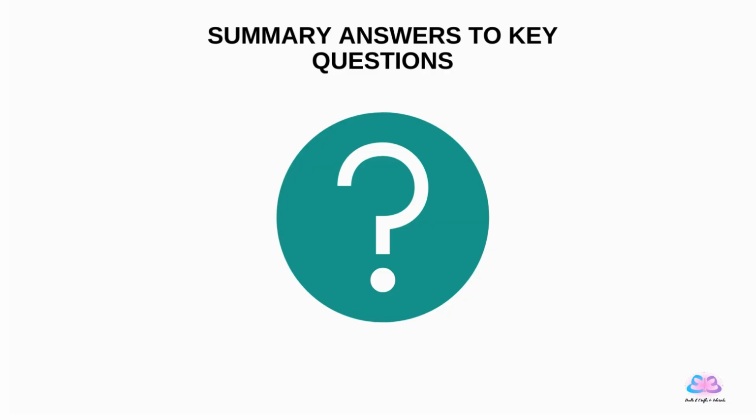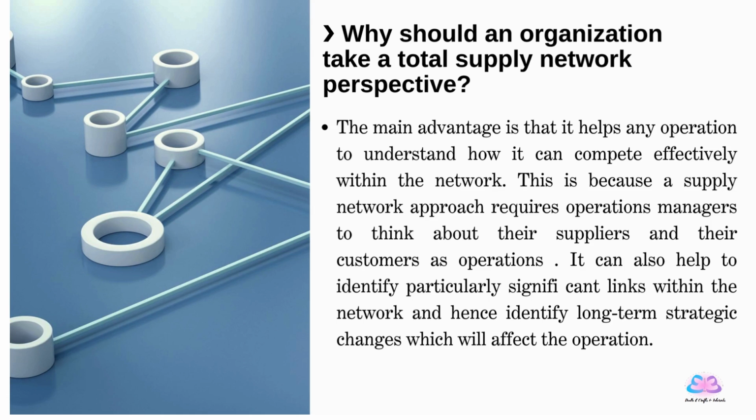To summarize today's discussion, let's answer the key questions. The first question is, why should an organization take a total supply network perspective? The main advantage is that it helps any operation to understand how it can compete effectively within the network.